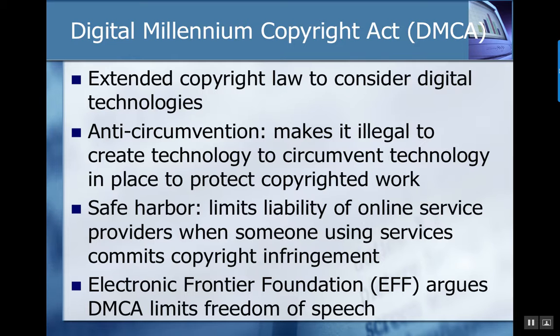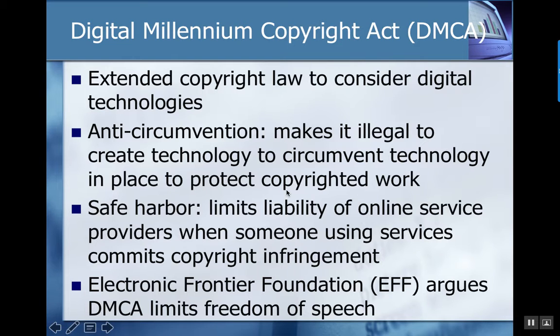Subsequently, technology has moved along even farther, because we've moved from using DVDs to streaming. The law is still in effect, but what was important 17 years ago is maybe not quite as important now.